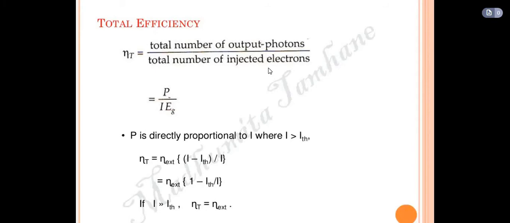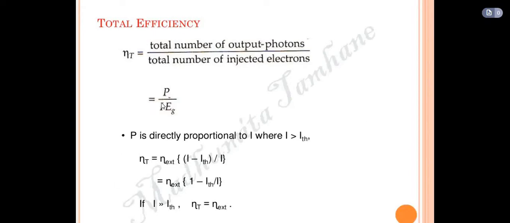Total means the total number of output photons divided by how much we give as input, that is the injected electrons. If we take both into consideration, only then can we find the total number of electrons from this efficiency, right? That's how we obtain that relation.